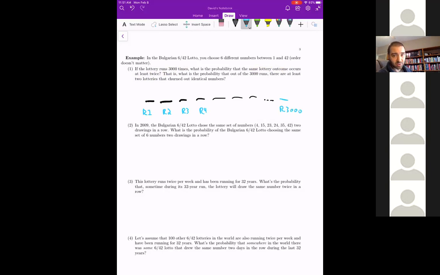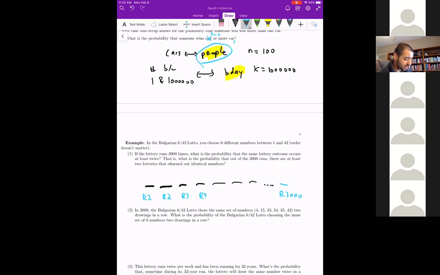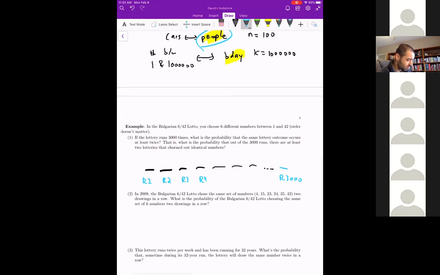Okay, so let's see if this framework works. What Jacob is saying is that maybe each individual lotto run is playing the role of the people, right? Because before with the birthday problem, each little slot represented a person. So if that's the case, what kind of things would you fill in up there?